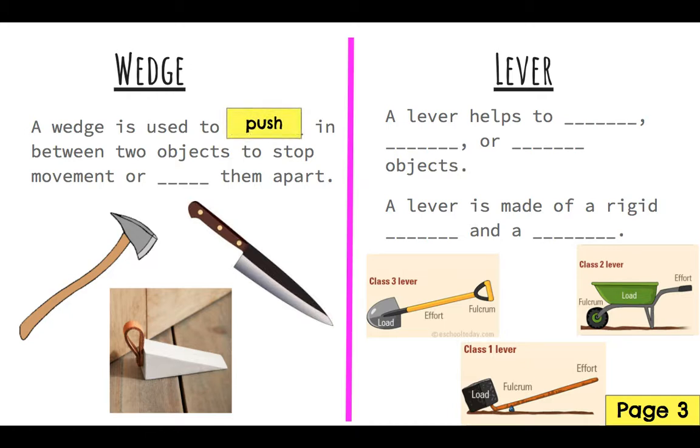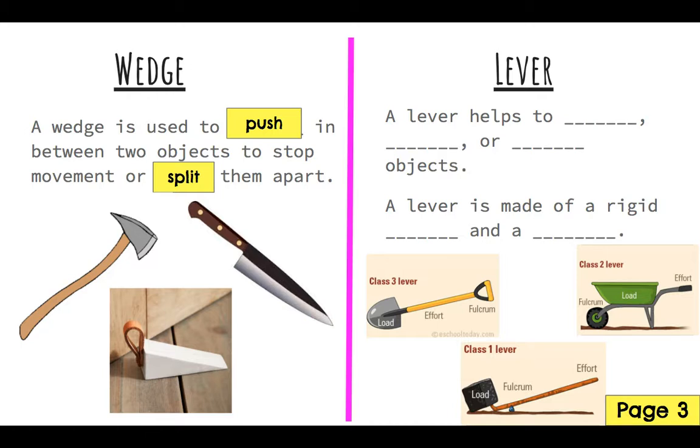And wedges are used to push in between 2 objects to either stop movement, like a door stop, or split them apart. So 2 of these objects are used to split things apart. One of them is used to push in between objects to stop the movement. I'm sure you can guess which 2 are used to split them apart.